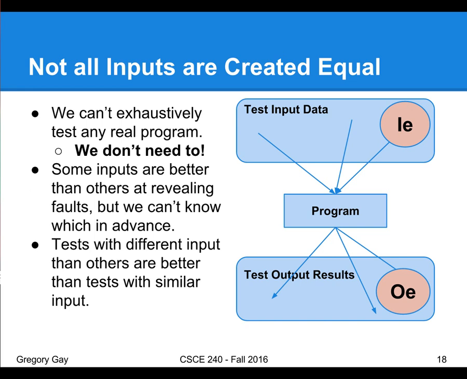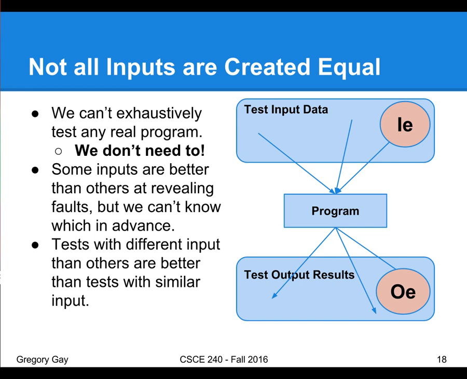Sadly, we don't know ahead of time what's going to cause a fault, especially if you don't have code, right? But as a start, what we know is that two tests with inputs very different from each other are more likely to reveal a fault than trying two tests with very similar input. I mean, just think about that for a second. If you had a program that could break a string down into multiple lines of like 60 characters each, and you grab a test with a 40-character string and a 30-character string, and now you're going to choose the final one, and we're going to toss in a 100-character string.